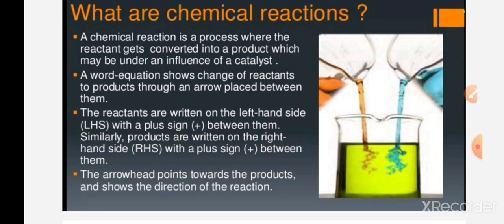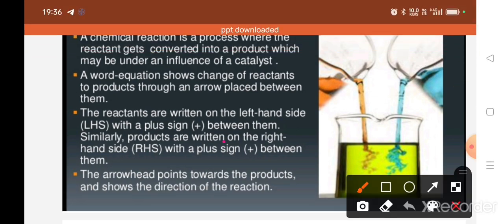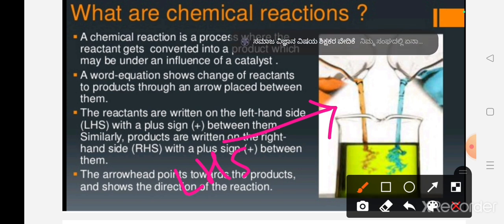A word equation shows a change of reactant to products through an arrow placed between them. What we have to do here is place one arrow in between. The reactants are written on the left side. This is LHS, left hand side, and the products are written on the right hand side.